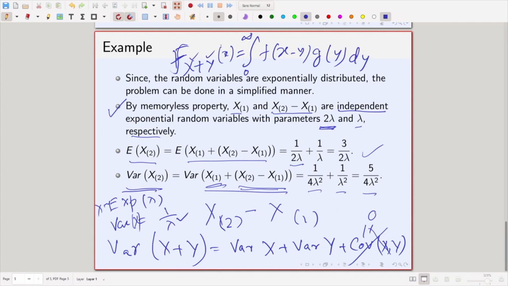So here again, since you can write x bracket 2 as x bracket 1 plus x bracket 2 minus x bracket 1, where x bracket 1 is exponential with parameter 2 lambda, x bracket 2 minus x bracket 1 is exponential with parameter lambda, and these are independent, you can use the convolution formula.